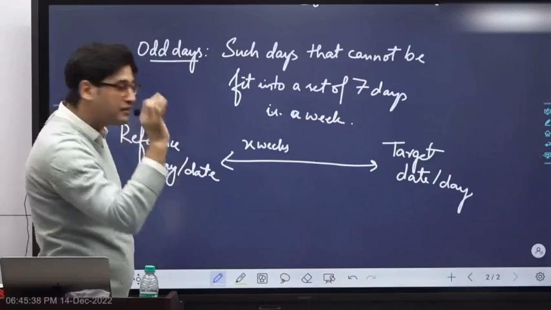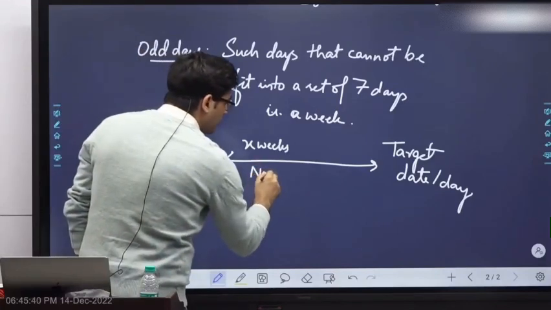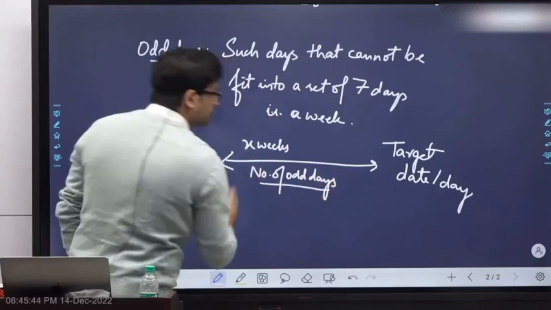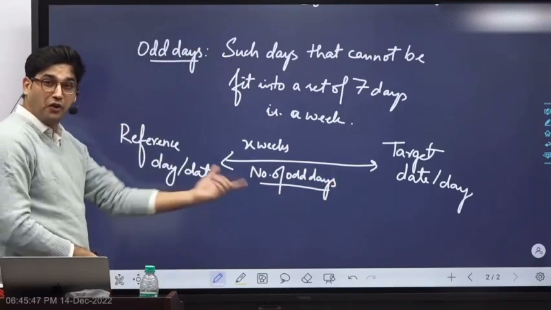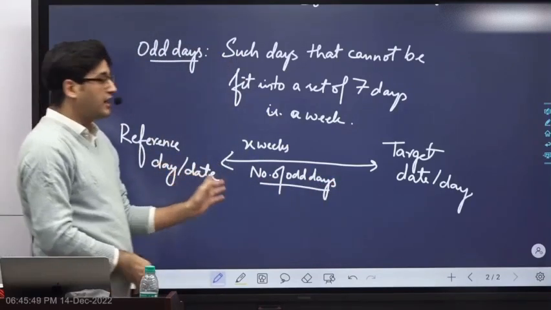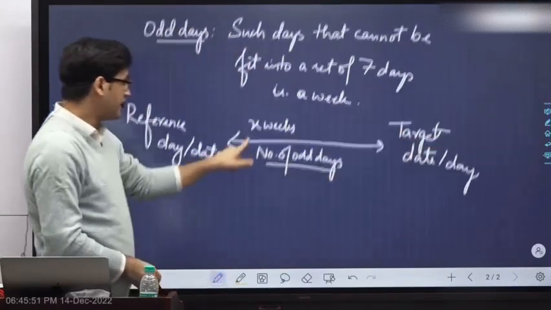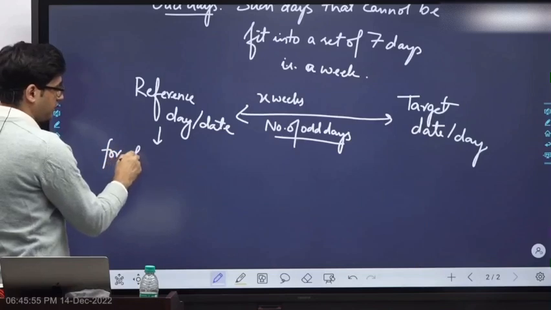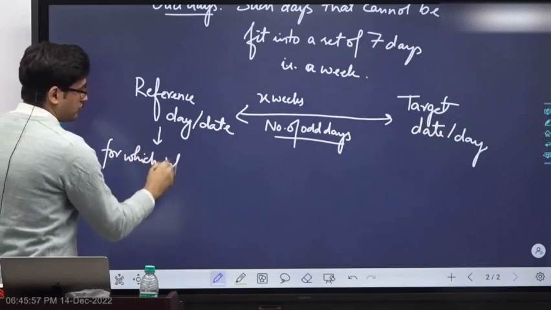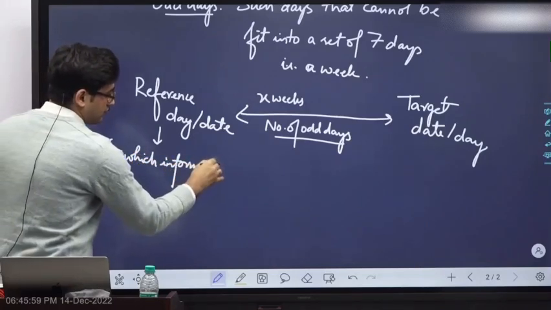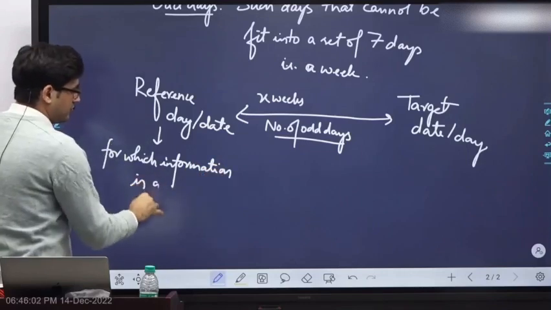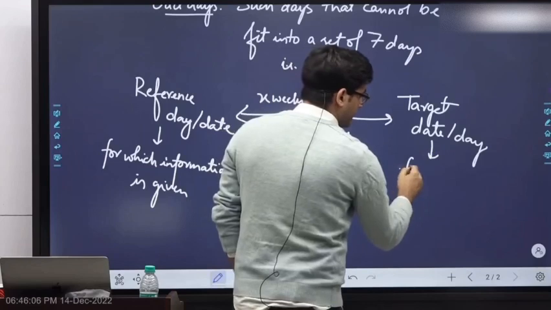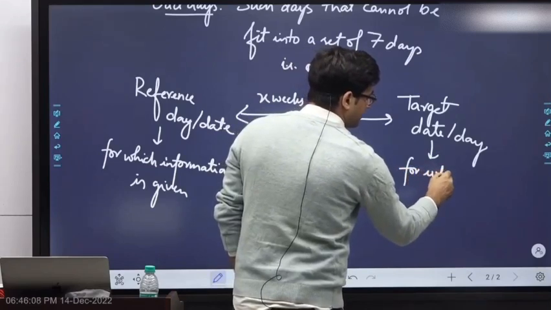What I'm interested in is knowing the total number of odd days between the reference date and the target date. The reference date is the date for which information is given. The target date is the one for which information has to be found out.